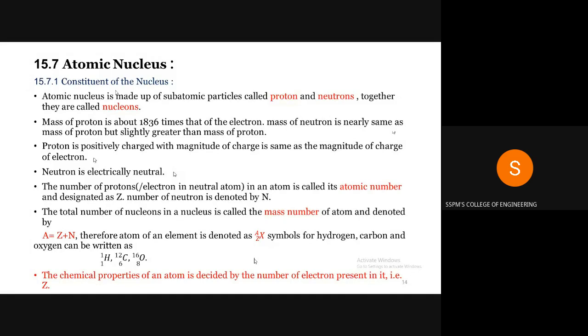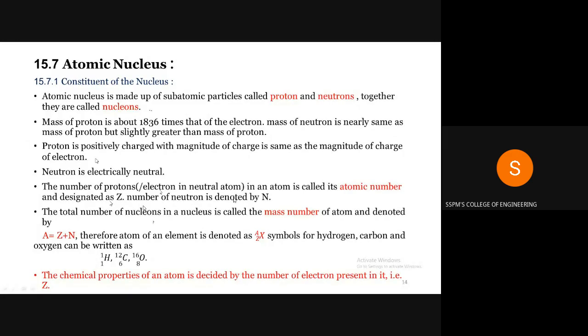That's the only difference. The number of protons in an atom is called atomic number and designated as Z. Number of neutrons is denoted by capital N. The total number of nucleons means what?